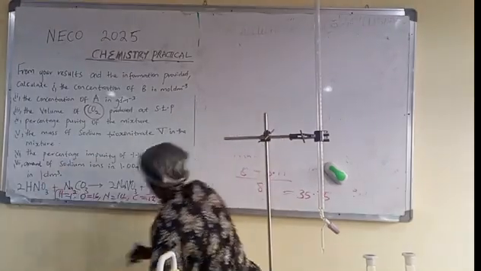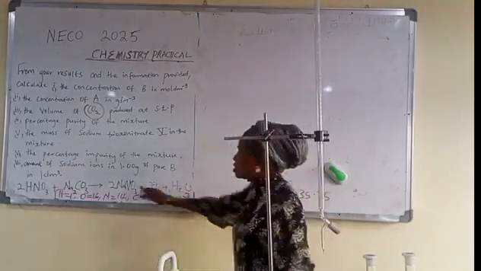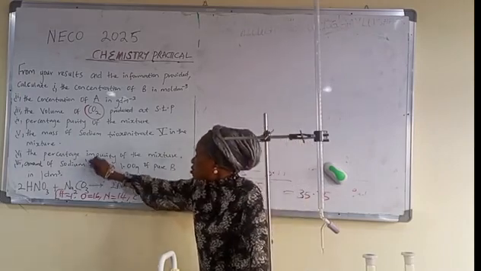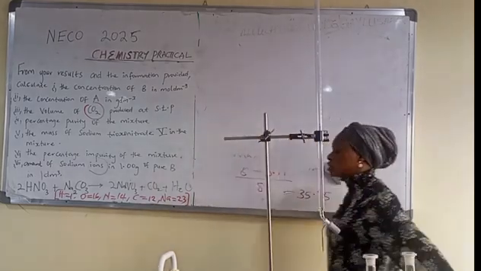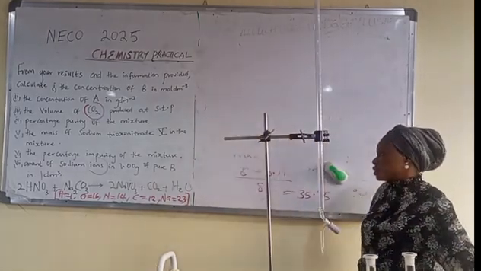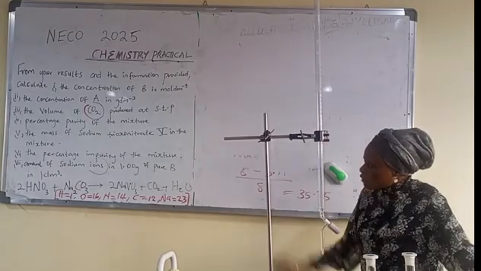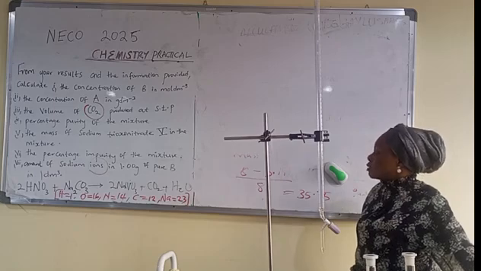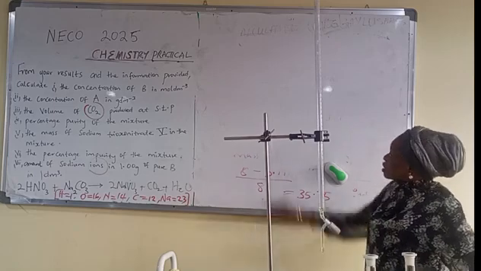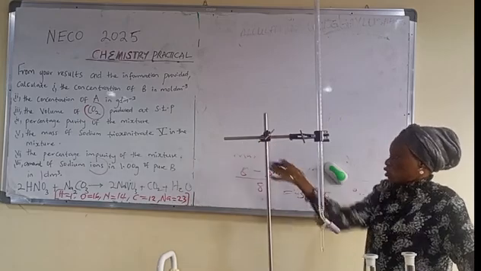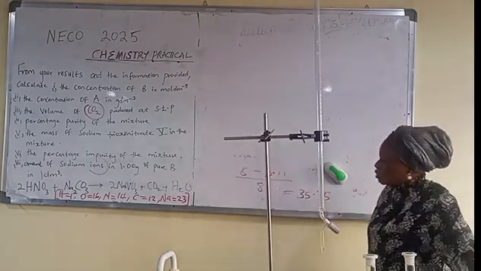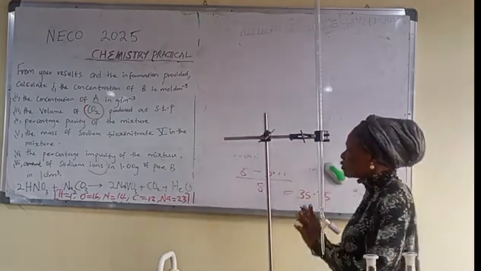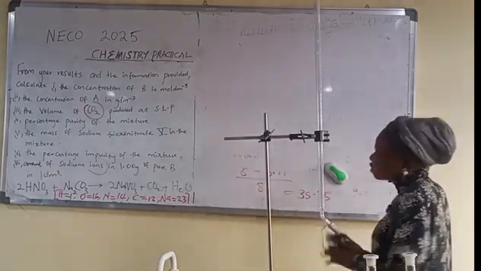You see, when they say sodium ions, they are thinking of something about Avogadro's constant. And 1 mole of any substance contains 6.02 times 10 raised to power 23. So you make use of it to calculate this amount of sodium ions.